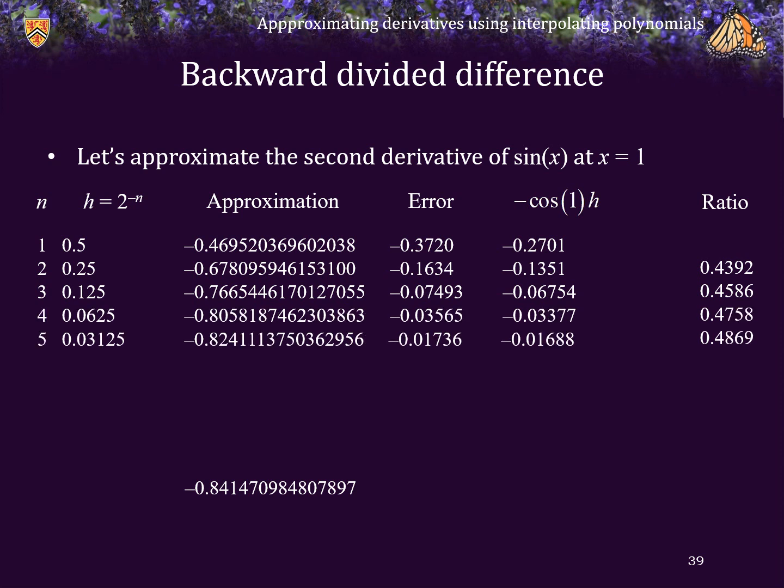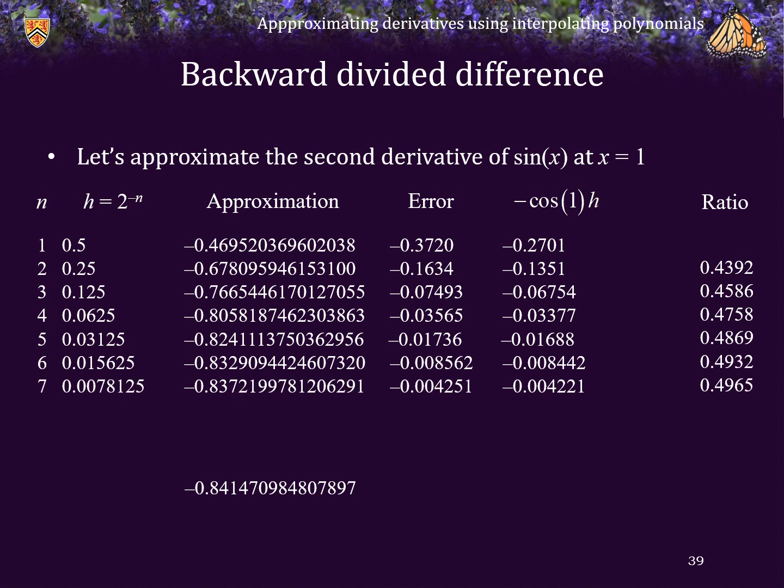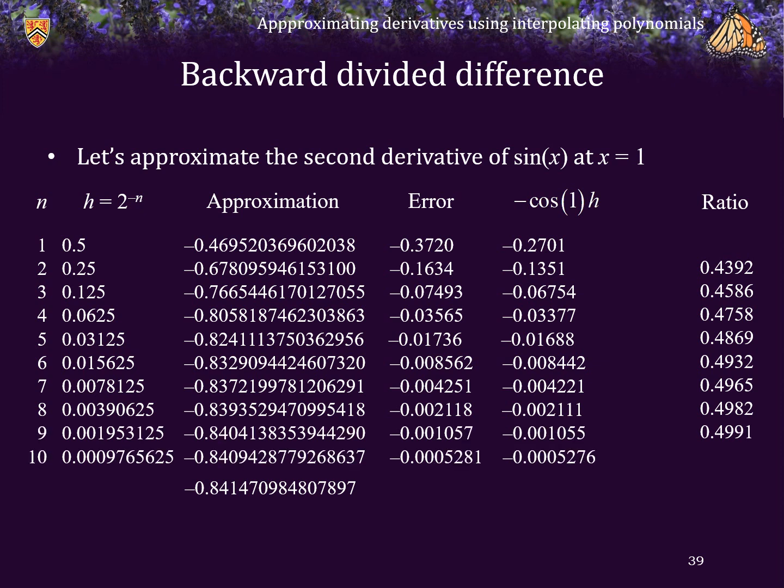So if we keep doing this, we do notice that, as before, the error drops by a factor of 2 with each additional iteration. And the precision isn't that good in the end. We have 2, maybe 2 and a bit digits of precision. So this order h formula isn't going to work.